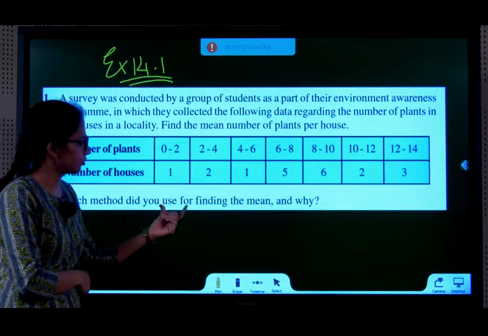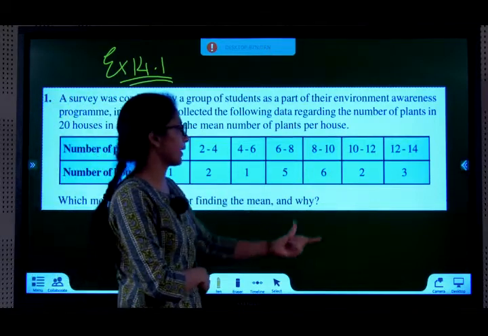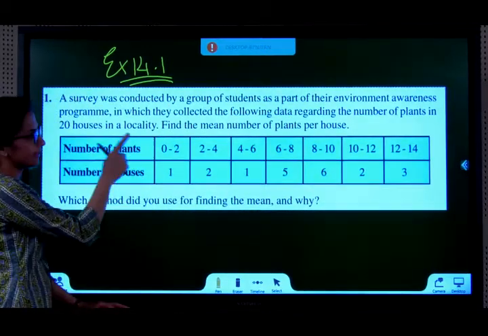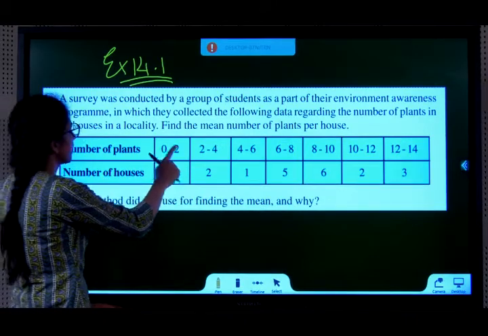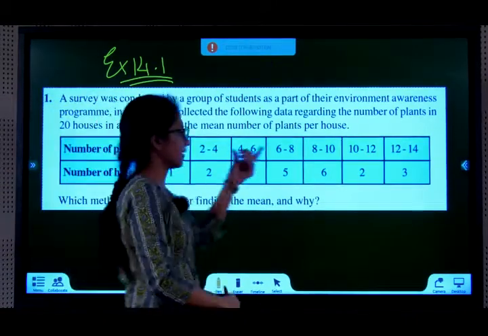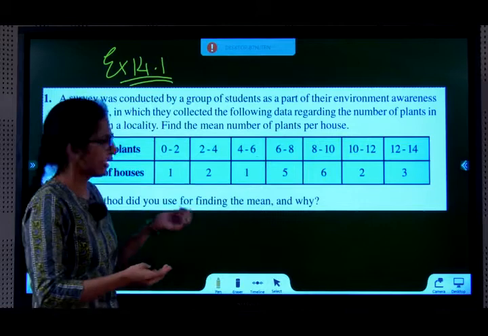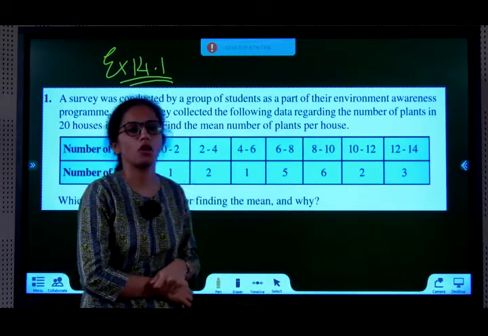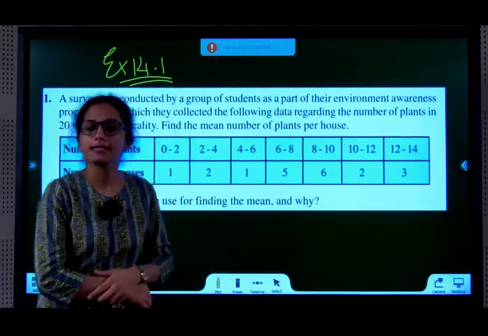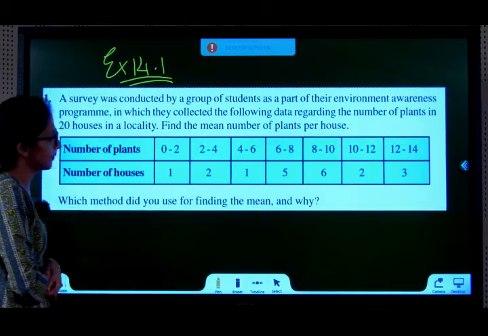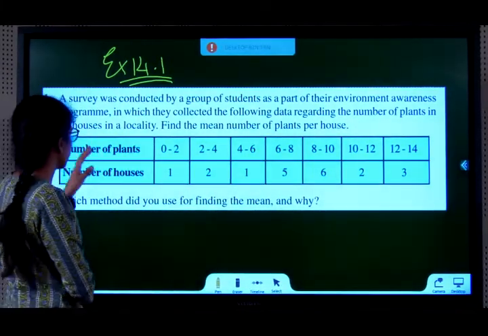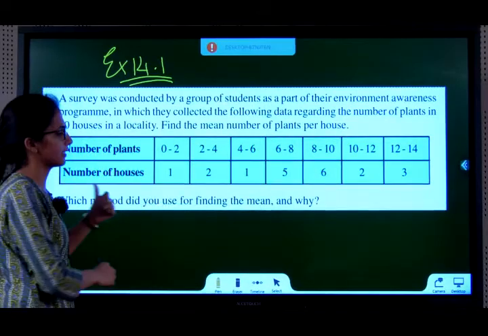Which method did you use for finding the mean and why? As you can see, in this kind of data, the numbers are small. The classes are also small, up to 20, and the frequencies are also small. I can go in for the first technique, the direct mean method. So how do we do it? Classes are given in the question, frequency is given in the question.